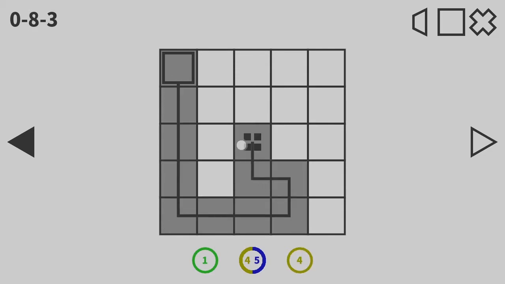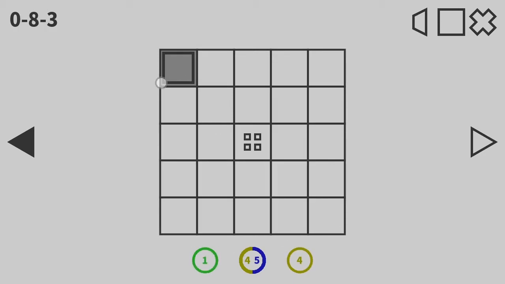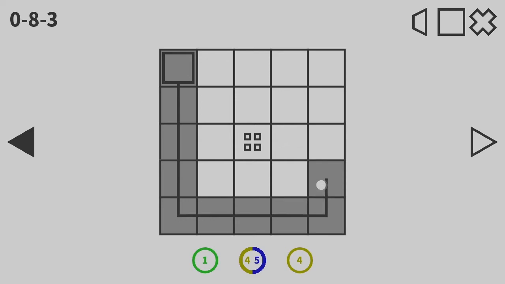Not good. Not good. This is never good. As soon as it's like 3, 4, 1, 2, 3, 4, 1, 3, 4. That's not it.